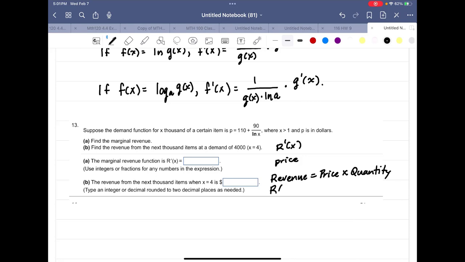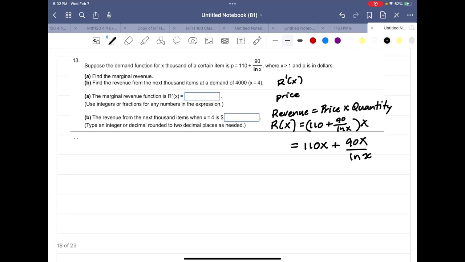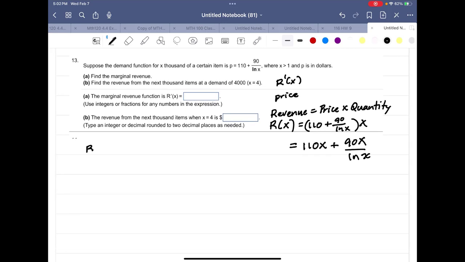So our revenue here has to be 110 plus 90 over the natural log of x times x. And to make it easier to differentiate, I'll go ahead and write 110x plus 90x over the natural log of x. Now I can find my marginal revenue, which is my derivative of my revenue.